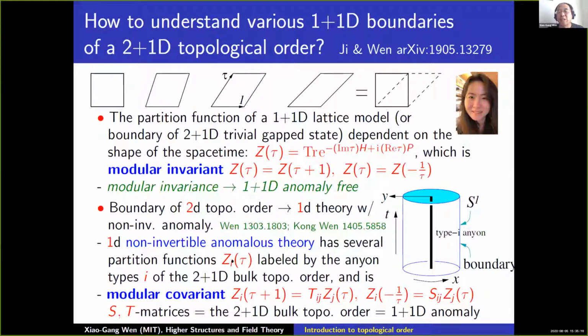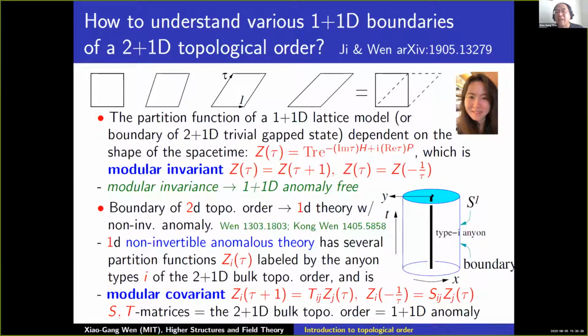Why is that? Because of the following. Let's use a cylinder to represent the space-time of a 2D topological order. The 2D topological order lives on the disk, and the vertical is the time direction. Then the different partition functions correspond to insertion of an anion in the middle.